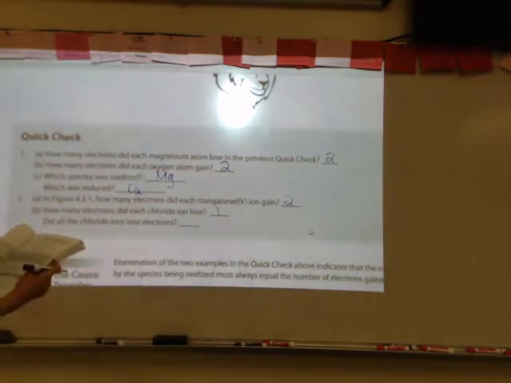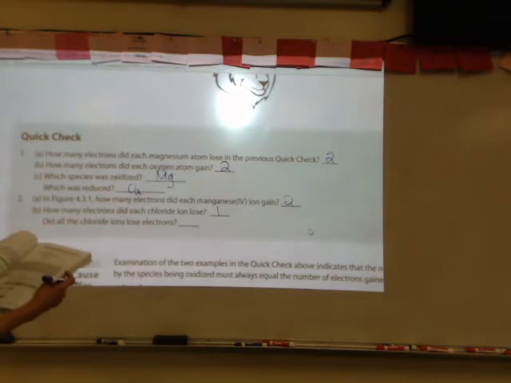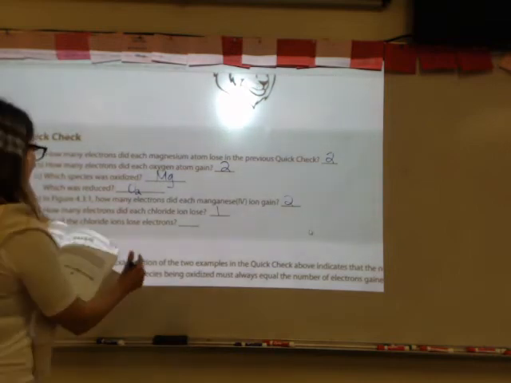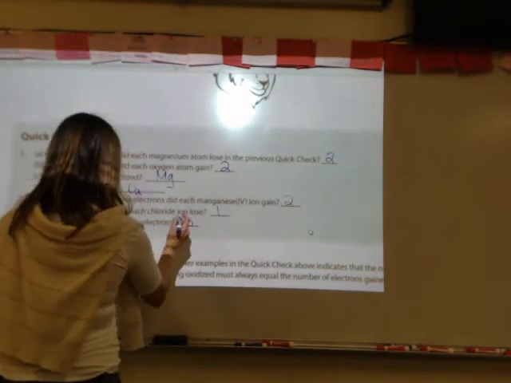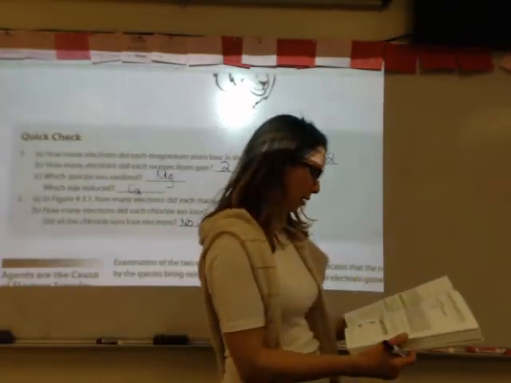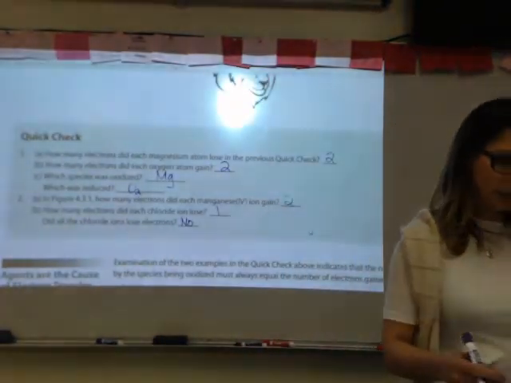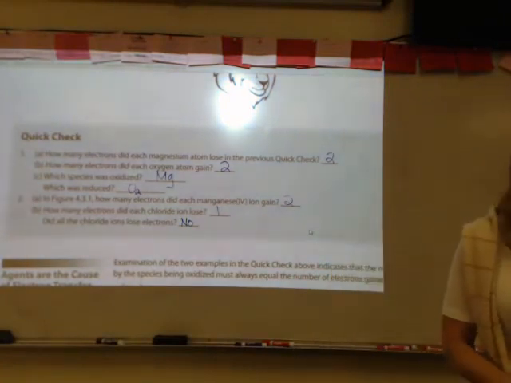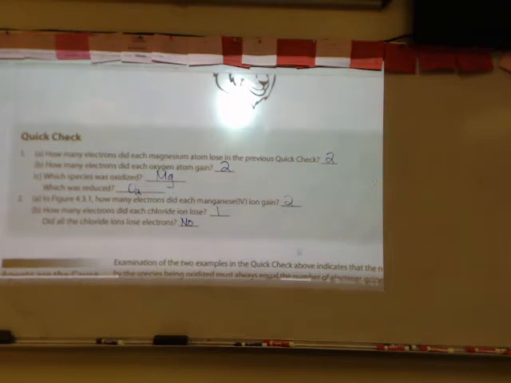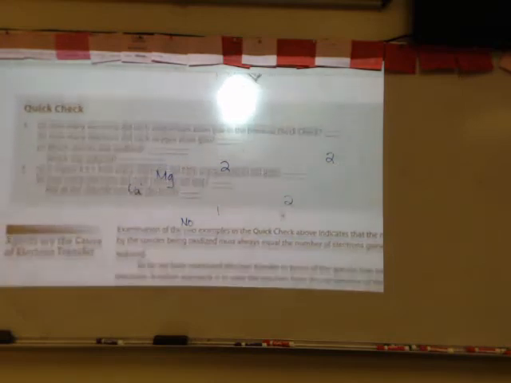Did all the chloride ions lose electrons? The answer is no, because there were chloride ions in 2 different substances, and it wasn't changed. The oxidation number wasn't changing in one of those compounds, but it was changing in the other.